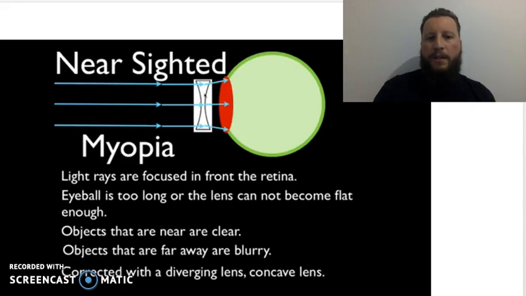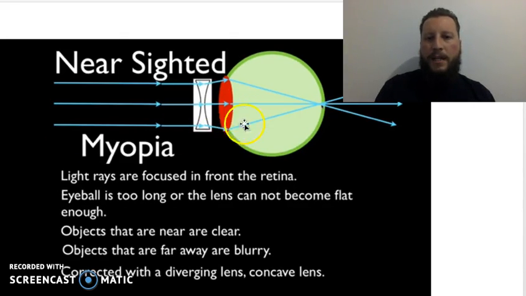If it goes out, then hopefully it's going to send it out that way and bring it back in, so that the focal point lands right on the retina, just like it's meant to. And that means that the light's going to be a lot more focused, and you're going to have a lot more clear vision. All right, so just keep that in mind.